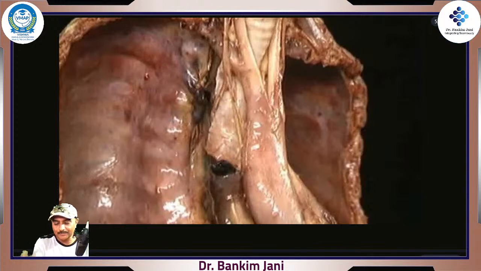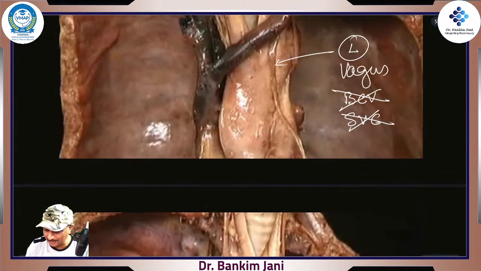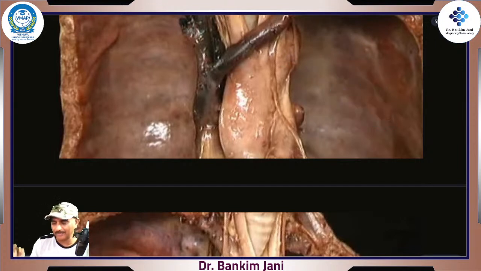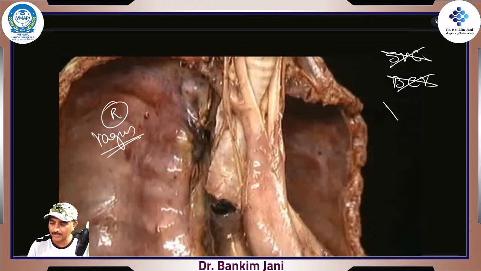Sorry, this is for the right vagus, right? This is on the right side, so eliminate that part. What I said is wrong: for the right vagus we have to remove the superior vena cava, because it is on the right side. So for the right vagus, we remove the superior vena cava. And because we removed the superior vena cava, obviously the brachiocephalic veins are also removed, because they form the superior vena cava, and this is on the right side.